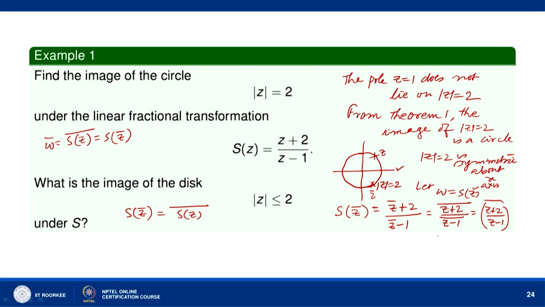So, the image of |z| = 2 in the w plane must be symmetric about the real axis. So, the circle in the w plane is symmetric about the real axis.